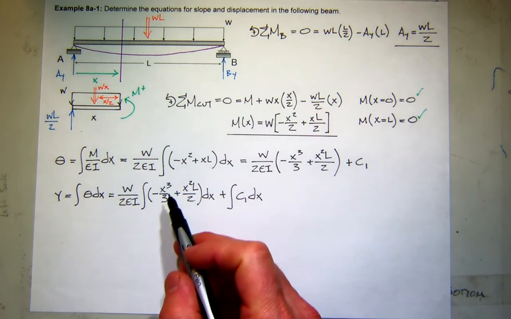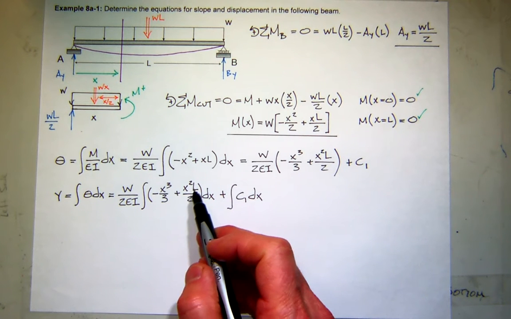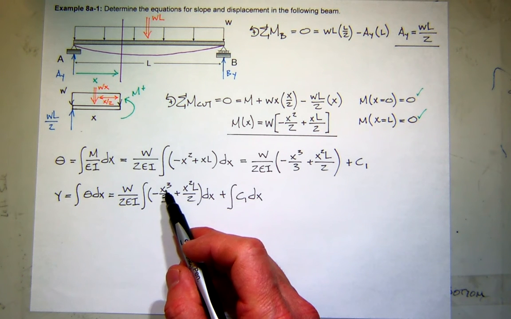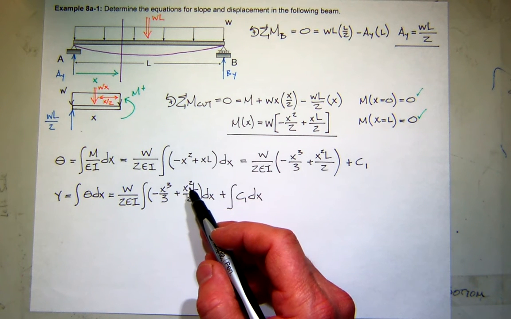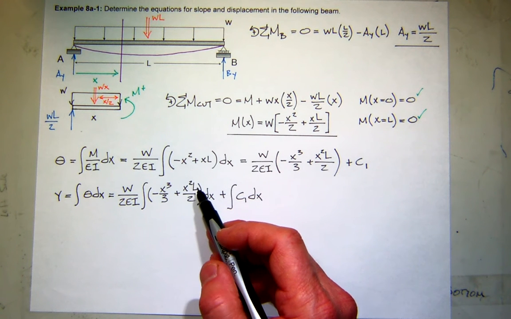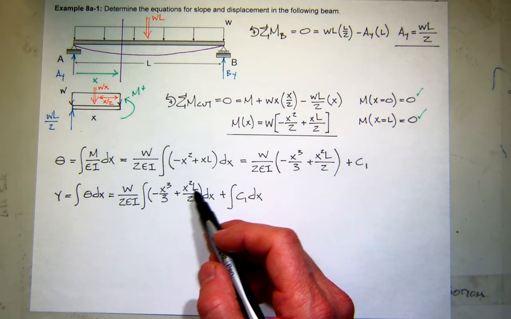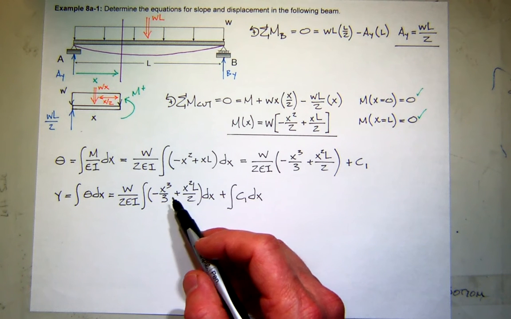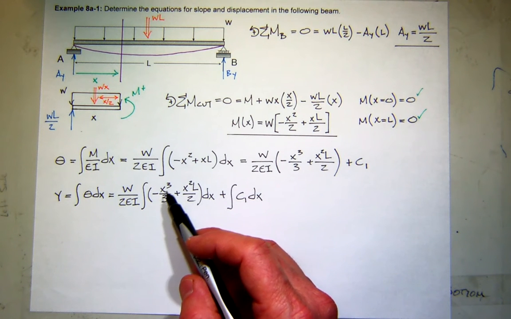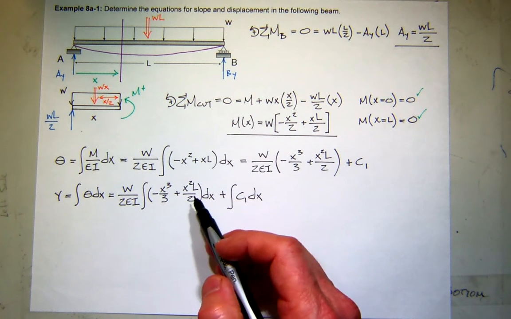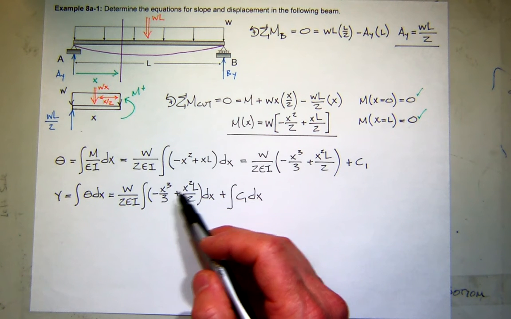Another thing to notice is that the order of these terms is the same. Remember, x is a length, so the first term has length cubed. The second term has x squared, and another length makes it cubed. So these terms have the same order. When you do this integration, make sure you check that the dimensional order of each term is the same. That's how we can add them together.